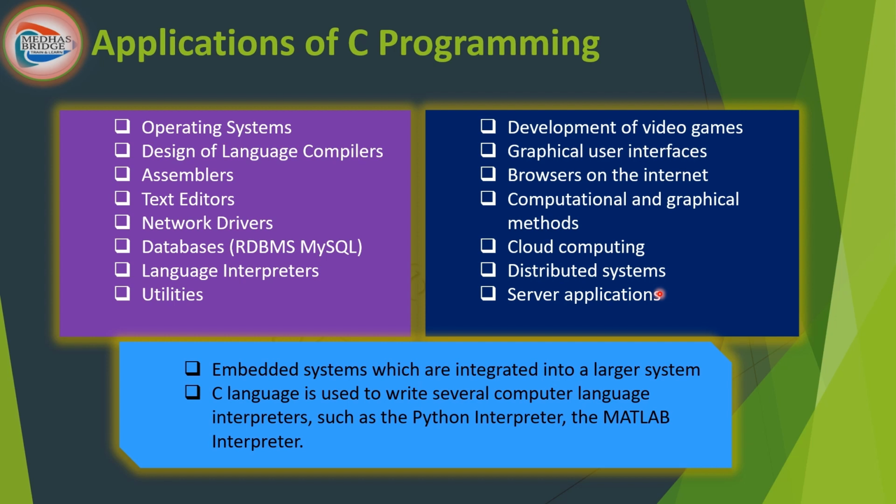You can see C in embedded system development, embedded systems which are integrated into a larger system. The C language is also used to write several computer language interpreters such as the Python interpreter and MATLAB interpreter. So we have many applications which are based on the C programming language.